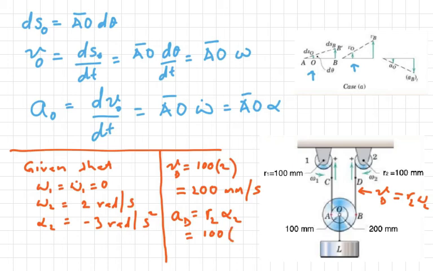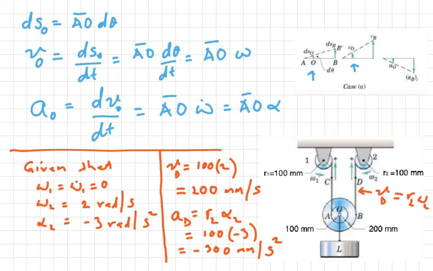That gives us minus 300 millimeters per second squared.